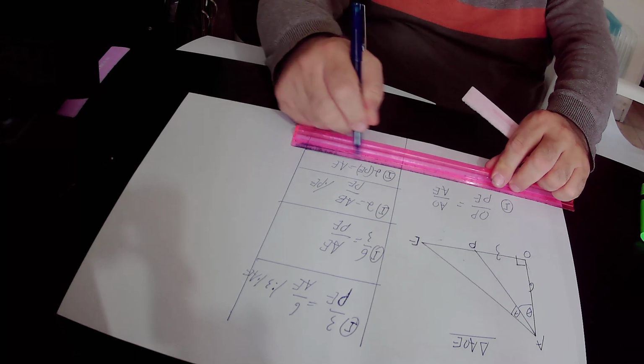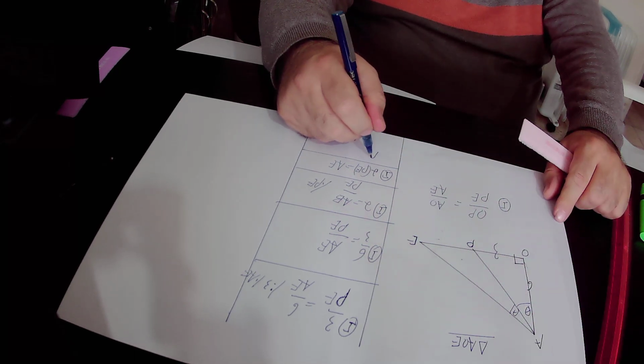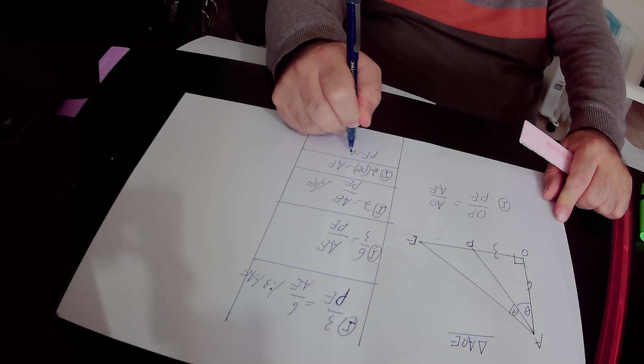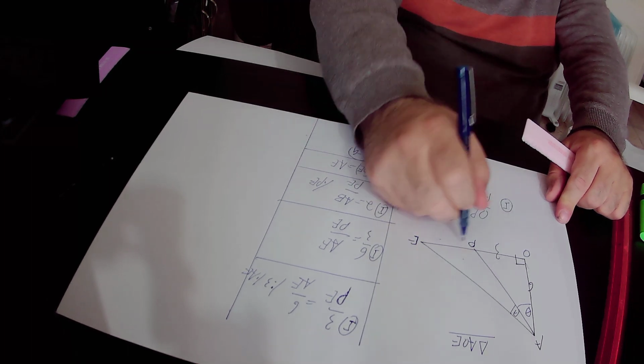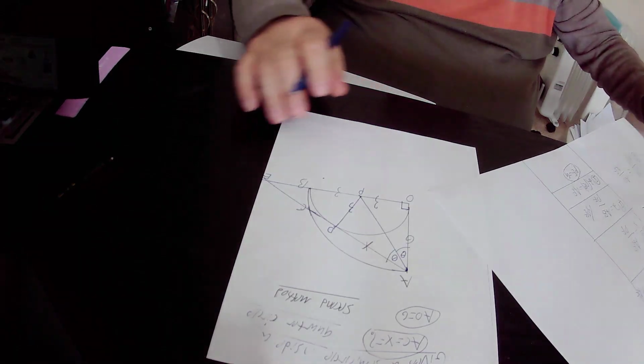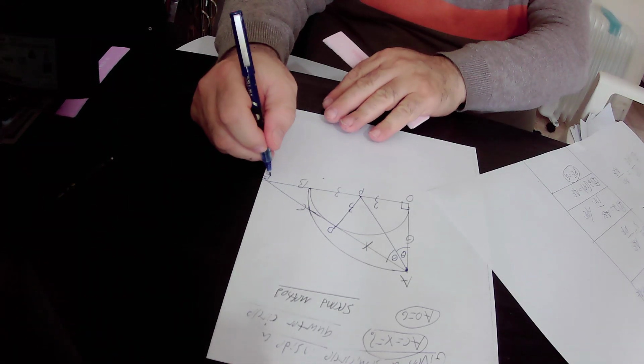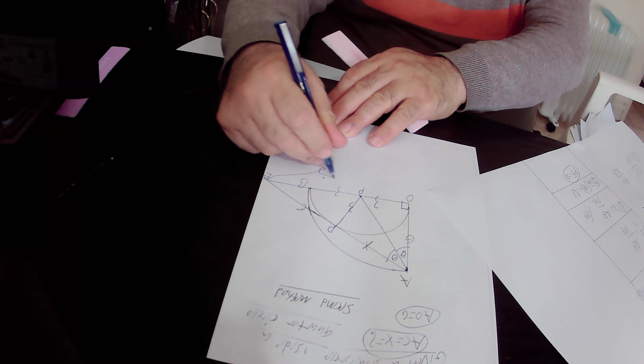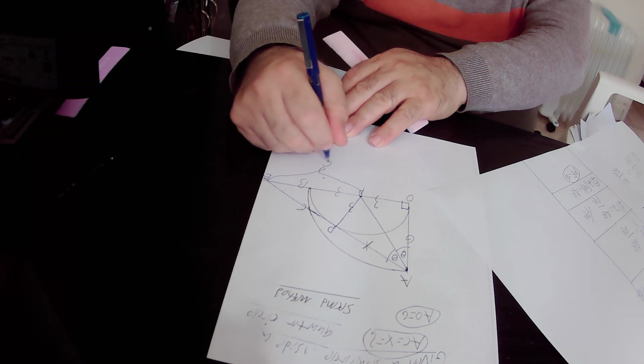So we define PE as a. PE equals a according to our definition, and also in the original drawing, line segment PE equals a.